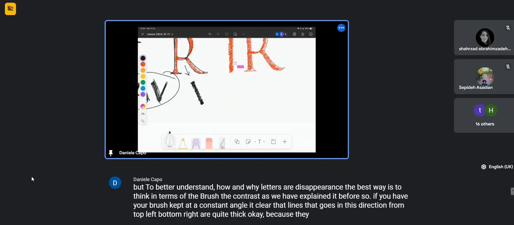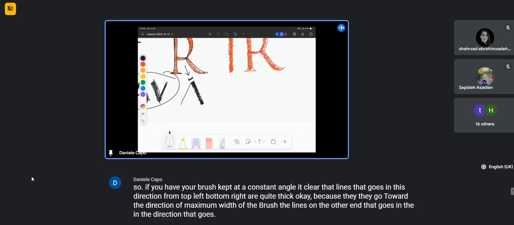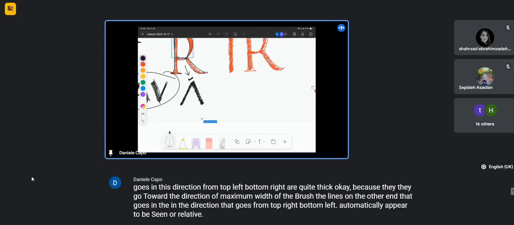Because they go toward the direction of maximum width of the brush. The lines, on the other hand, that go from top right to bottom left automatically appear to be thin or relatively thin.